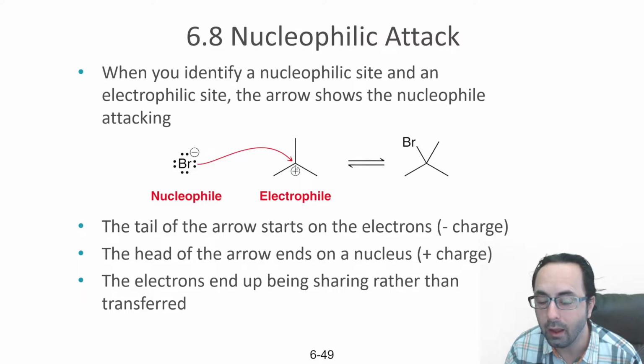It will end at the electrophilic site, the positive part where the electrons are attracted to, and that will be the formation of the bond. You'll notice this is a one-arrow type of move. The arrow starts where the negative charge is, ends where the positive charge is, and the electrons are shared and create a bond.